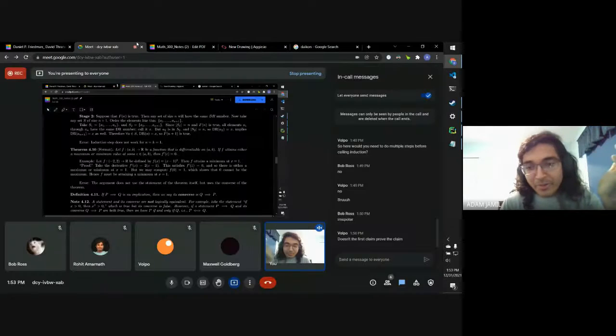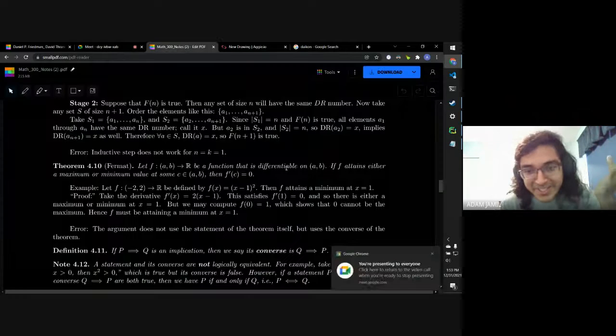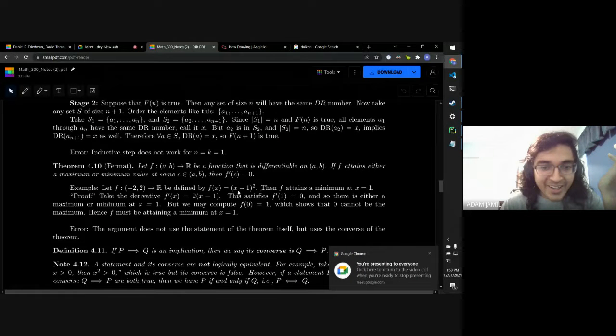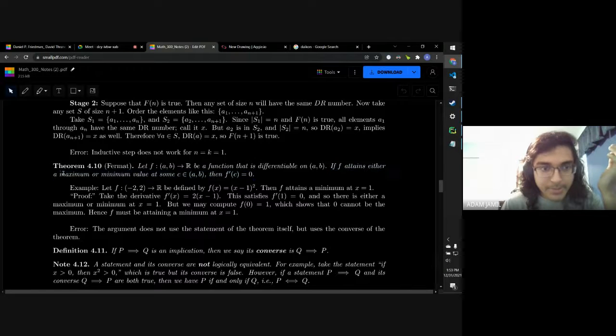The bigger problem here, which I saw at the beginning, is that this theorem says a maximum or minimum at some point on the interval implies the derivative is 0. What he's doing here is taking the derivative to be 0 and saying that there should be a minimum or maximum here. This is where the error in the proof is.